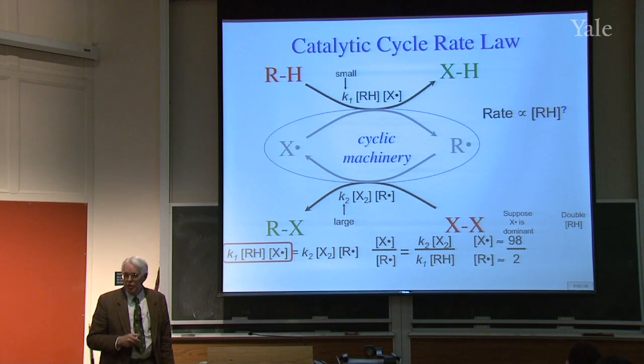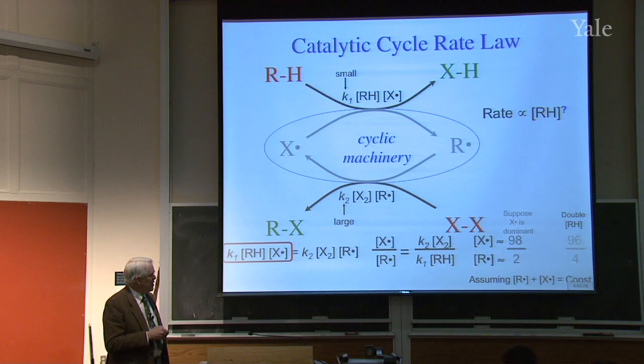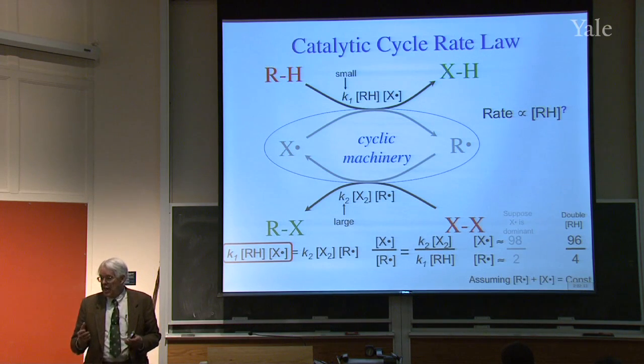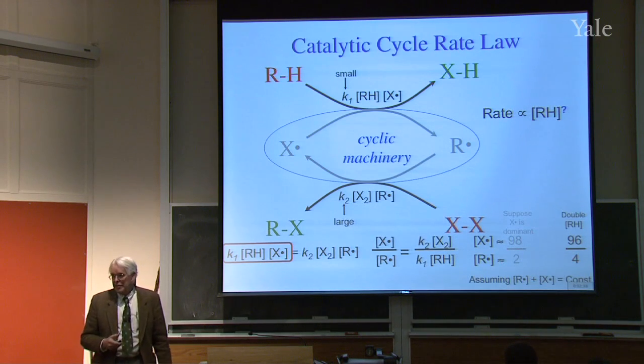How will we do it? We still have 100 radicals, right? But instead of 98 to 2, if we assume that the sum is constant, we're going to have 96 to 4. Everybody see that? That's twice, this is half, this ratio is half that ratio, very close.